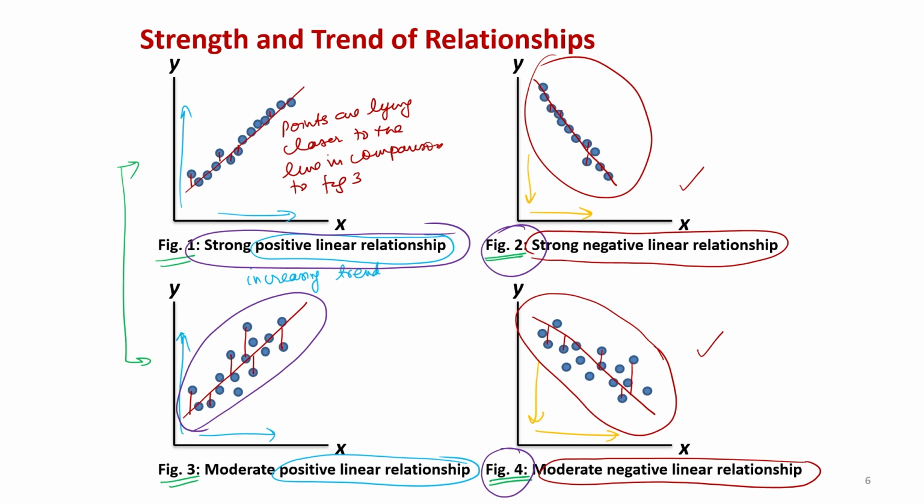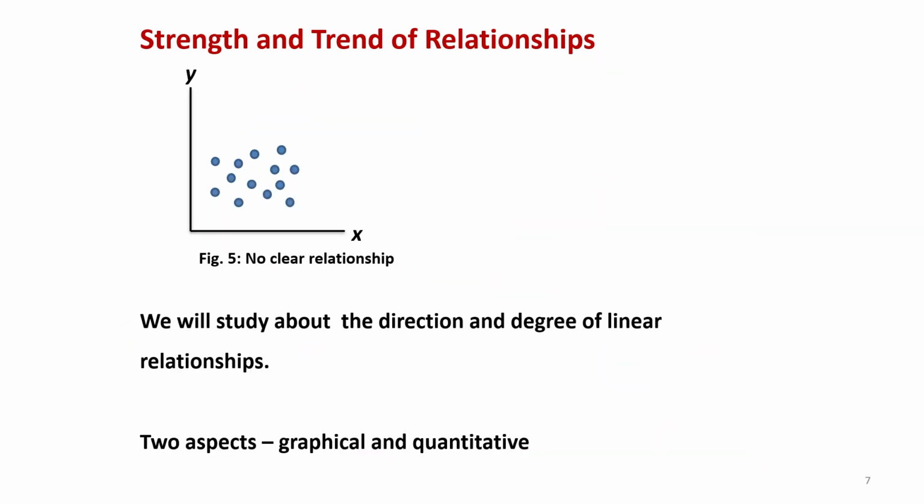So, this is how we try to understand these graphics from the scatter plot. And similarly, if I make one more relationship between the x and y observations, you can see that these observations are lying in some area where there is no idea what is really happening.